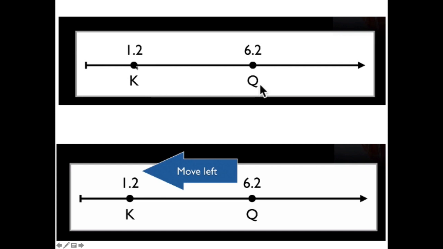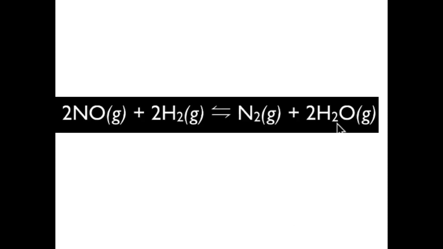Have a number line, put it in order, and 1.2 is going to be here, 6.2 is going to be here. We always move in the direction from Q to K. So Q is here, K is here, and we're going to move this way. So the reaction has to shift to the left, or to the reactant side.